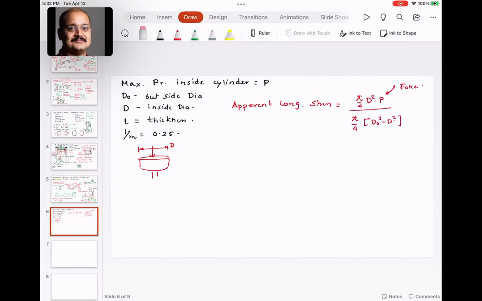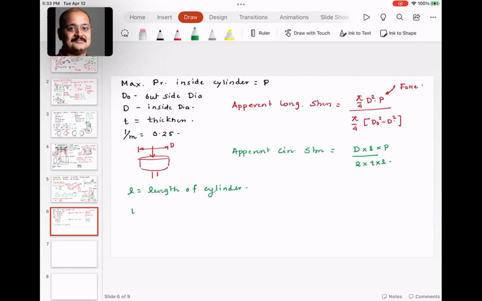You will also calculate the apparent circumferential stress, which is D times L times p divided by 2 times t times L, where L is the length of the cylinder.